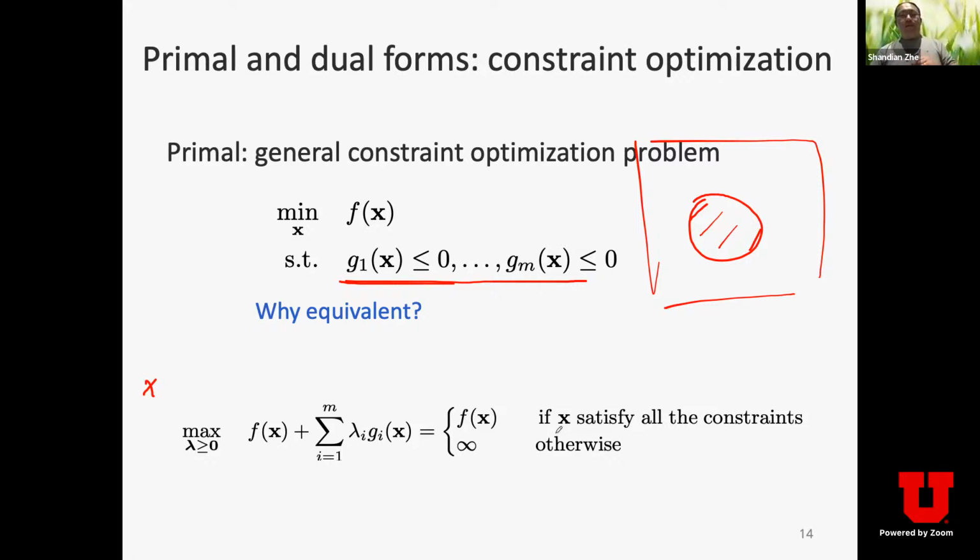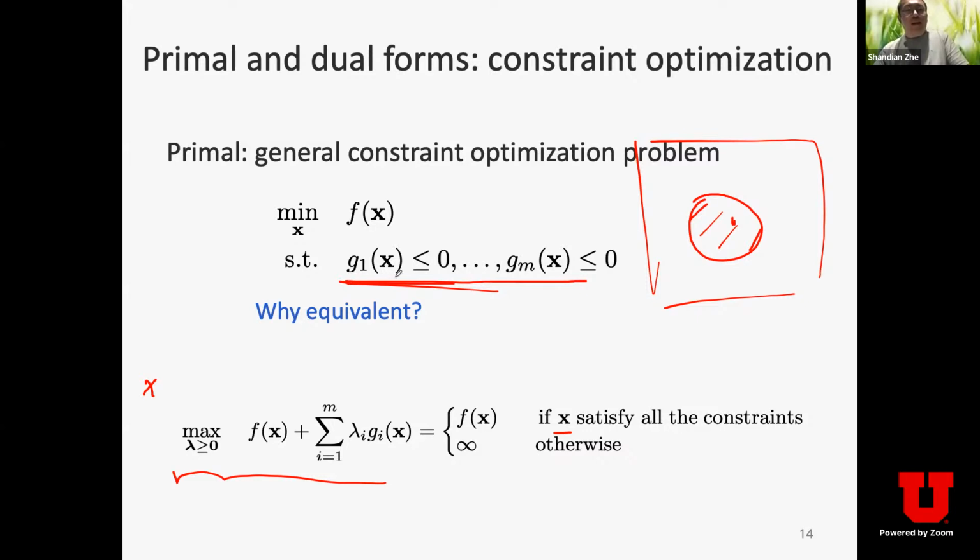First case, if x happens to be inside this feasible region, that means x satisfies all these m inequalities. What does the inner maximization of the Lagrange function give? So first, we know that x satisfies all the constraints.